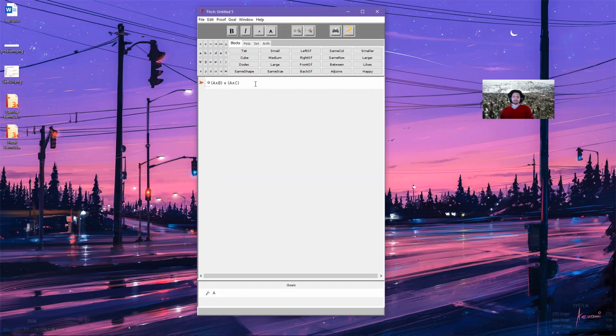The idea is this or sentence is telling us that either one of 2 things is true. Either A is true along with B, so A and B are true, or case 2 is true, where A and C are true. So either we have case 1 where A and B is true, or we have case 2.